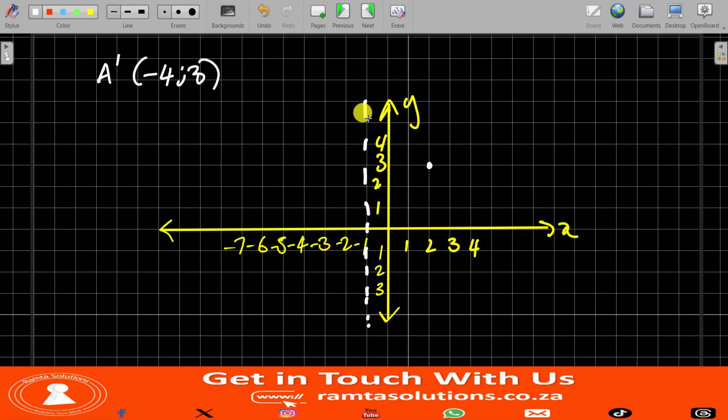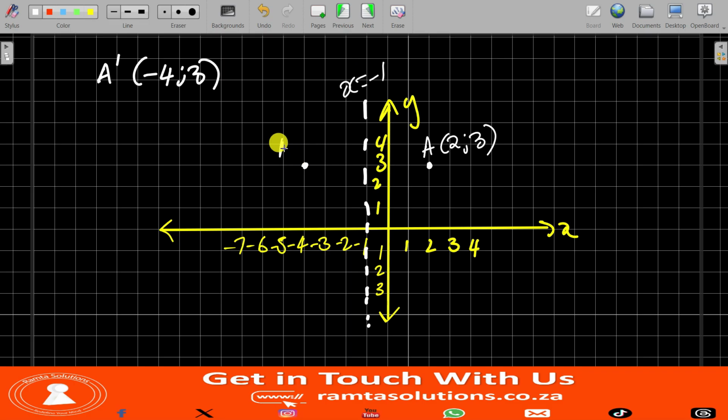By the way, this was point A, coordinates 2 and 3. The distance between A and the reflecting line is 1, 2, 3. So we also need to move 3 units to the left of the reflecting line, right? This is x equals -1, by the way. So it'll be 1, 2, 3.